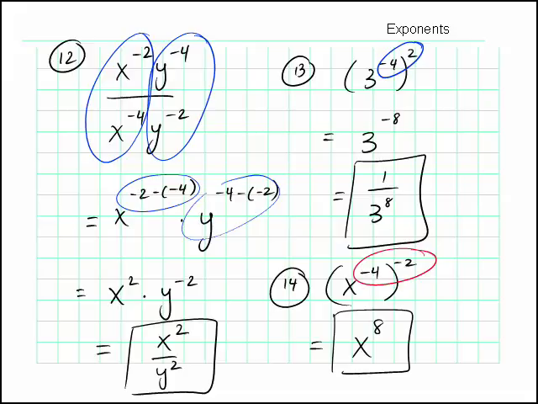Number 15. X, y to the negative 3 raised to the negative 2. Now, first of all, that x in there is x to the first power. Everything in the parentheses has to be raised to the negative 2 power. So this negative 2 is, in a sense, distributed here and here.